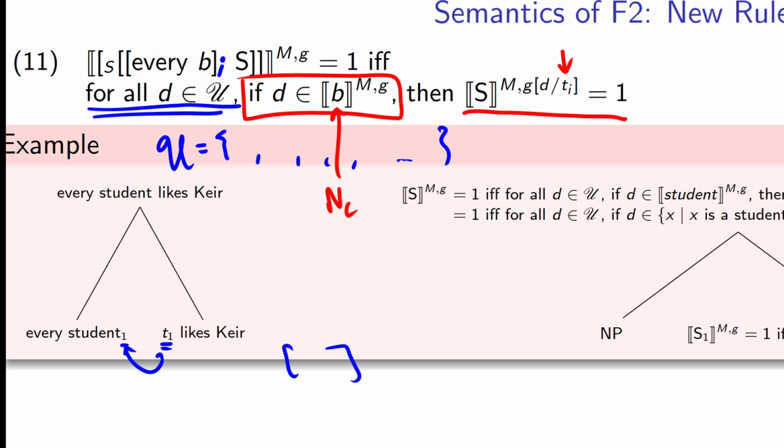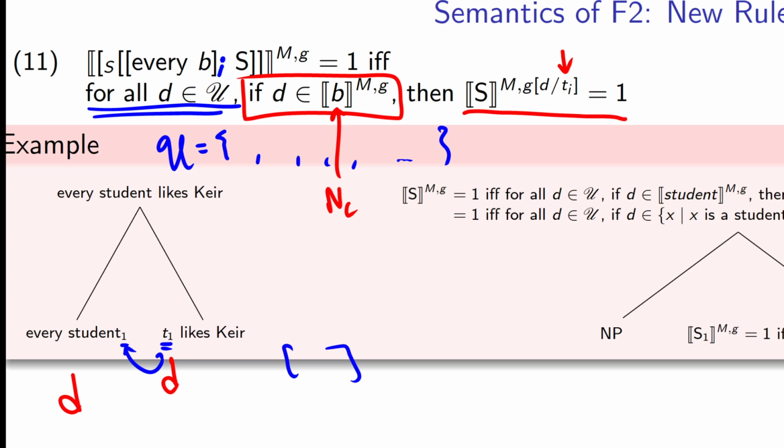So basically we're saying if for every D in the set of students that we have, D likes Kier, then the sentence is true. So if every student likes Kier, then that means that every single student that there is must be in the set of things that like Kier.